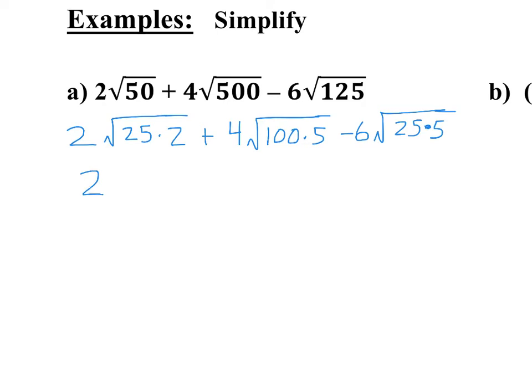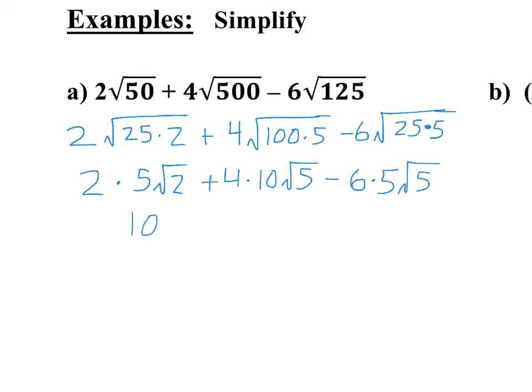So this is going to become 2, and then square root of 25 is 5. So 2 times 5 rad 2 plus 4 times 10 rad 5 minus 6 times 5 rad 5. So this is 10 radical 2 plus 40 radical 5 minus 30 radical 5.